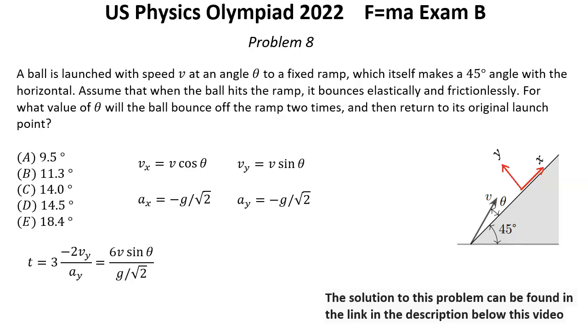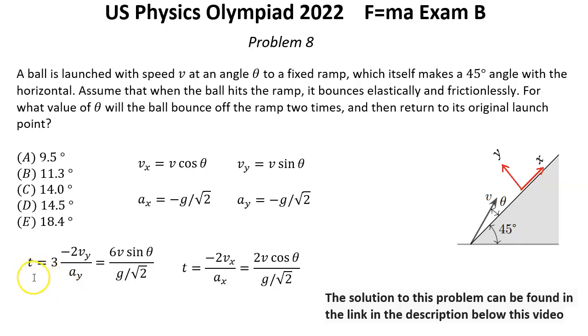On the other hand, when this ball returns to the original point in coordinate x, it means that total change of speed equal negative 2 Vx, and the total time to travel equal negative 2 Vx over Ax, which is 2v cosine theta over g over root 2.